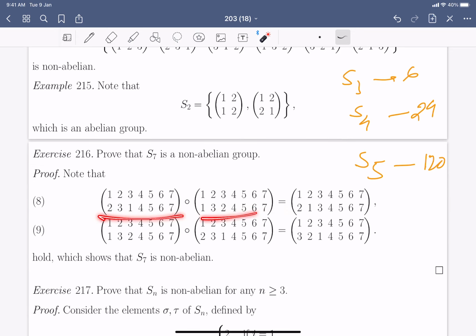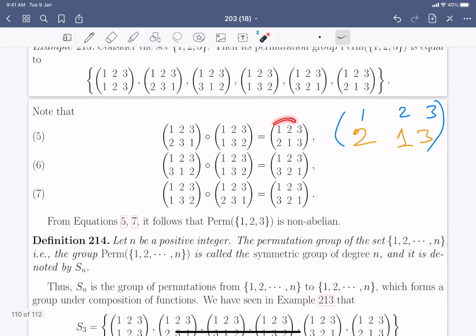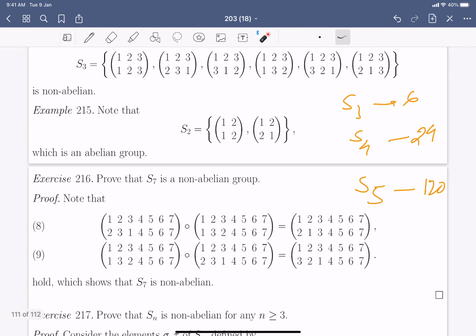Anyway, the composition of these two has to be equal to the function that sends 1, 2, 3 to 2, 1, 3 and fixes 4, 5, 6, 7. If we apply this composite map to the integer 4, the first permutation sends 4 to 4, and the second one also sends 4 to 4.